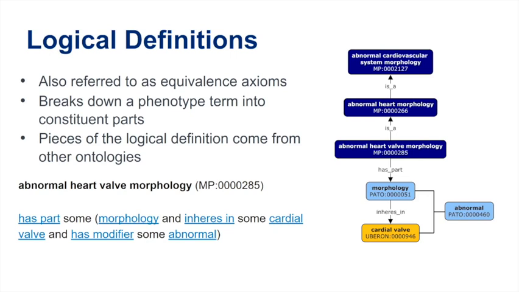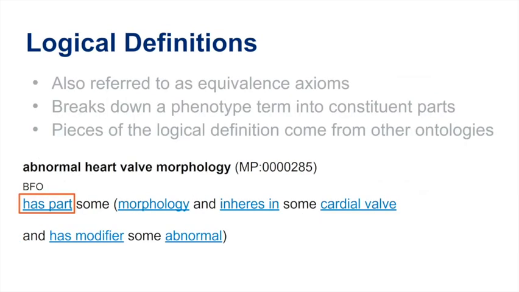But what we've come to realize over the years is that the logical definitions, even the simple ones, have a lot of parts. So if we take just the abnormal heart valve morphology term, we have a BFO term for saying this phenotype has some part. And then we have terms that we pulled out of PATO to say that it's related to morphology and that the morphology is abnormal.